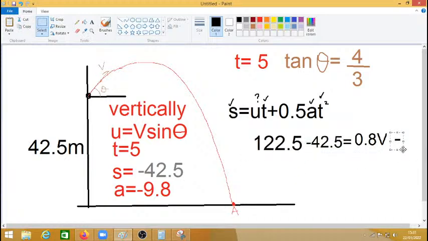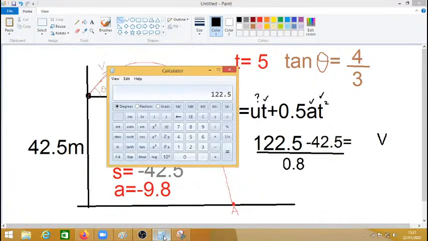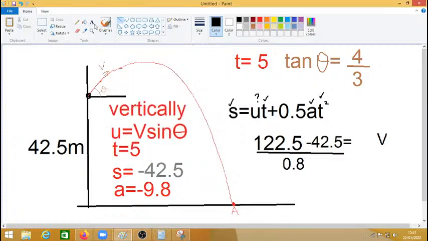And then I can divide by the 0.8 to get me v. Type that into the calculator. And that gives me initial speed of 100.